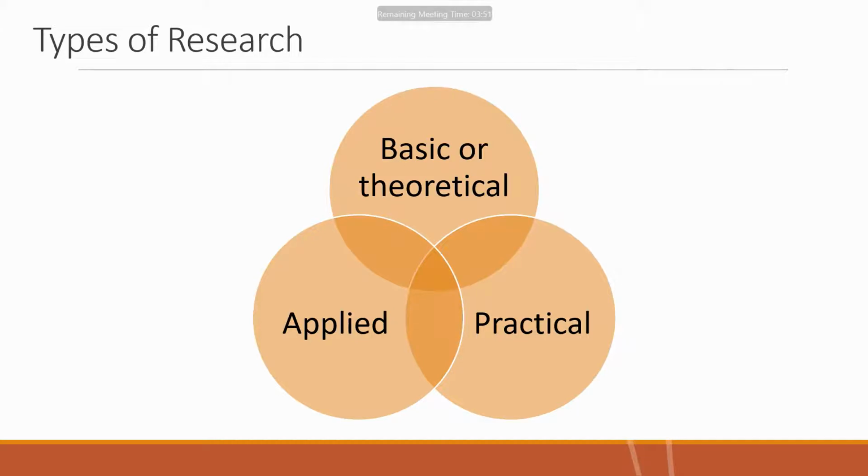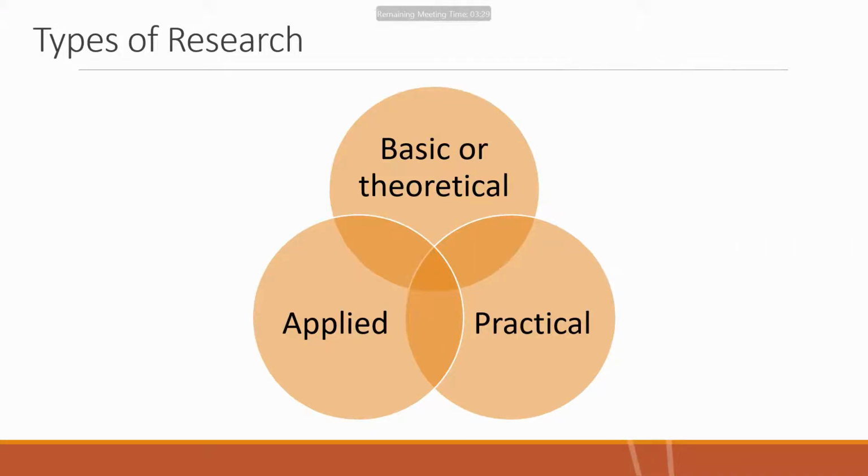Okay, that is applied research, or that is only basic or theoretical research, because each research itself has something like, a part of it belongs to basic research and most of it belongs to applied research, or vice versa.